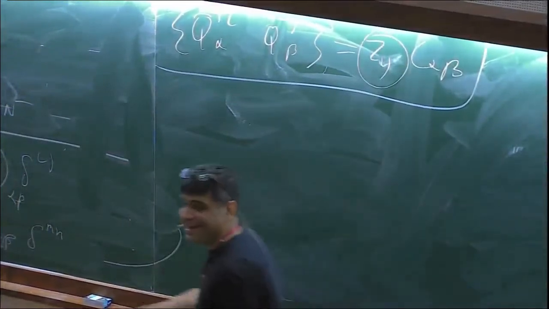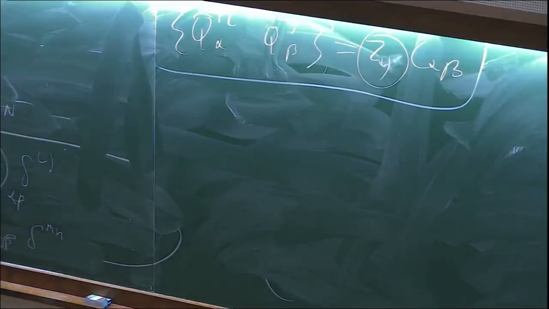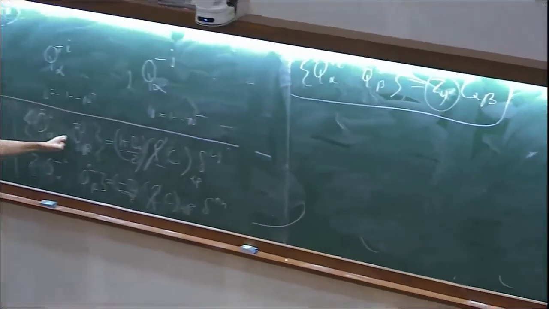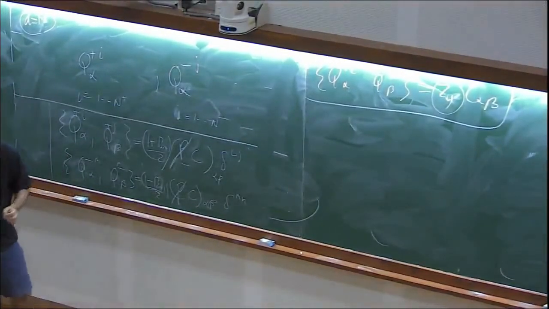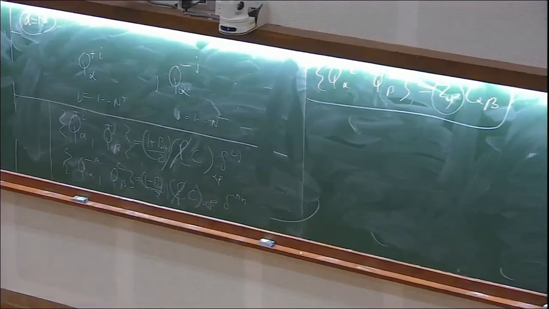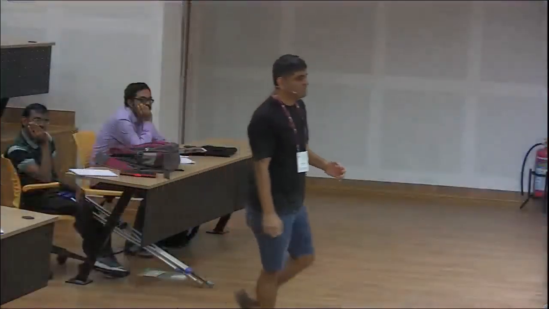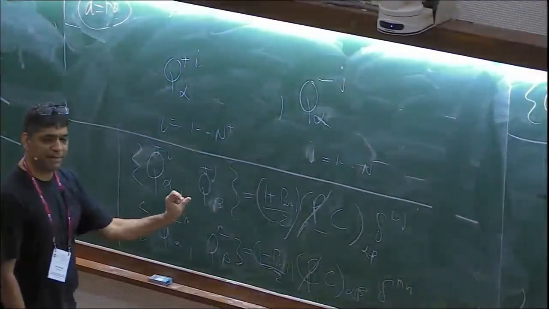Now let's look at a couple of things. When you have an expression like this, somebody's written it down to you, you may or may not be able to derive it, but you can immediately subject it to various consistency checks. One consistency check is the following. This anti-commutator here goes to itself if you interchange alpha, beta, and I and j.